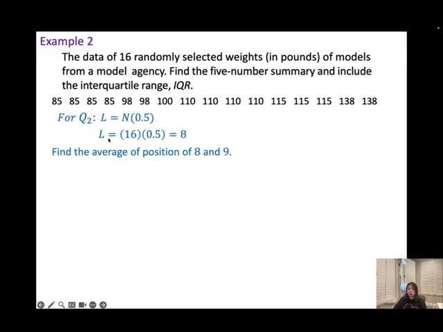The L is the locator of your data. So positions 8 and 9: 1, 2, 3, 4, 5, 6, 7, 8, 9. Positions 8 and 9 are here. And then we want to find the average of these two data values. So Q2 will be equal to 110 plus 110 divided by 2, which is gonna be 110.